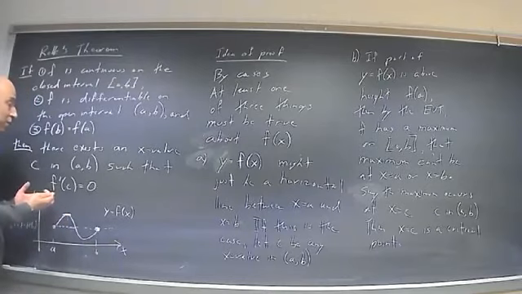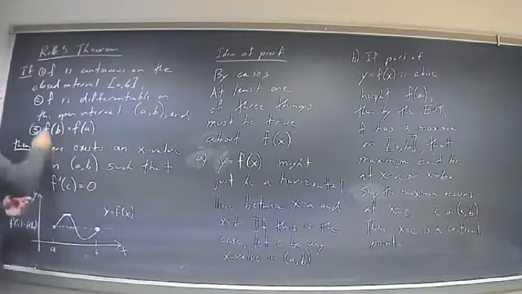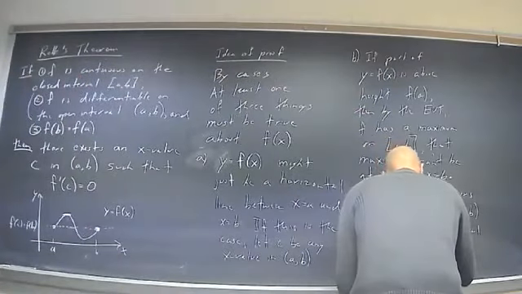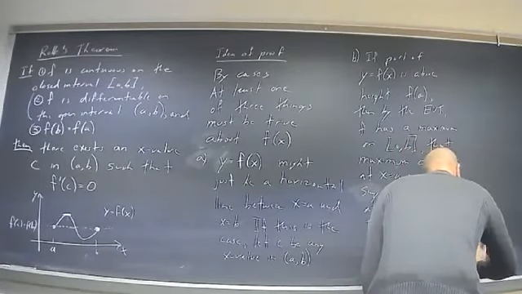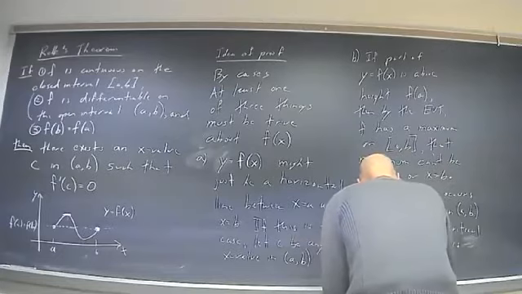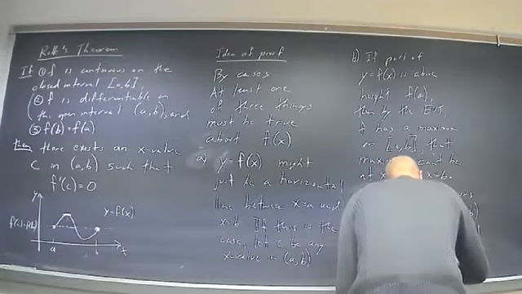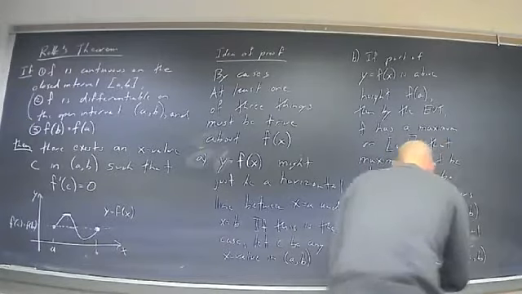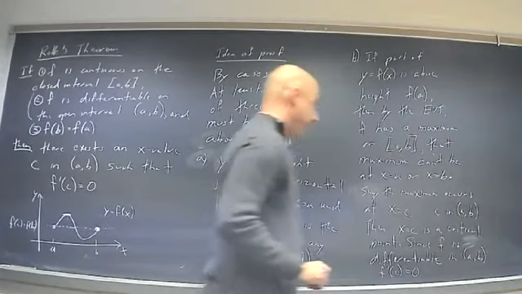We know critical points are places where the derivative either equals 0 or it doesn't exist. But hypothesis 2 says it definitely exists, so it's got to be 0. So since f is differentiable on the open interval a, b, f prime of c must equal 0.